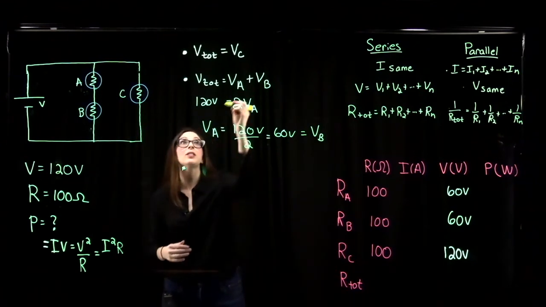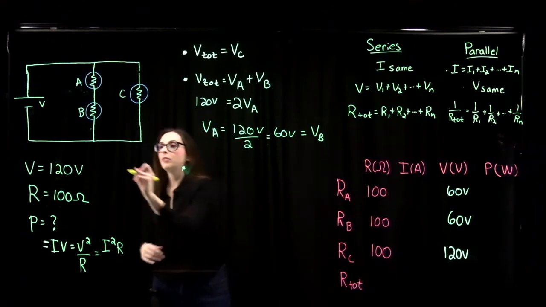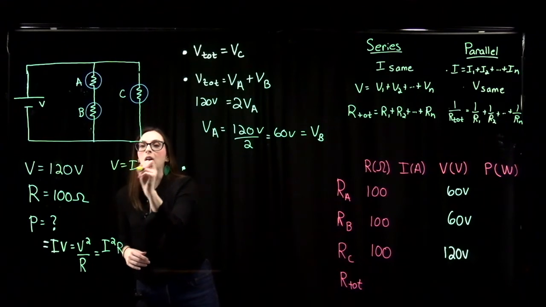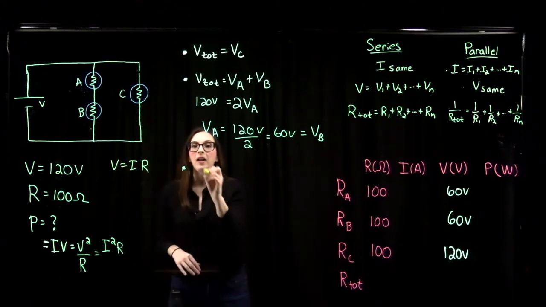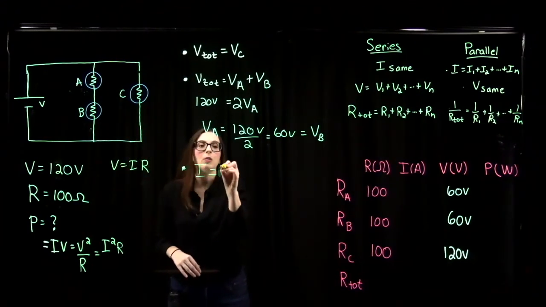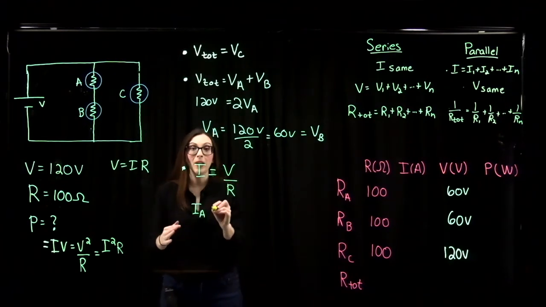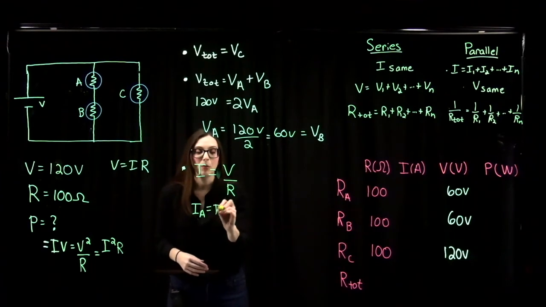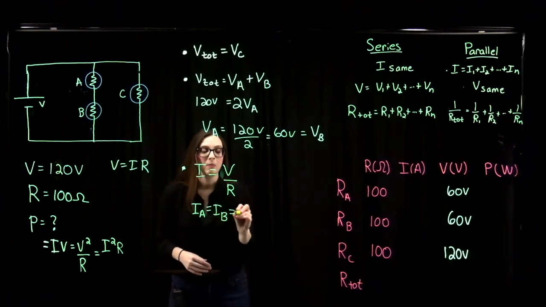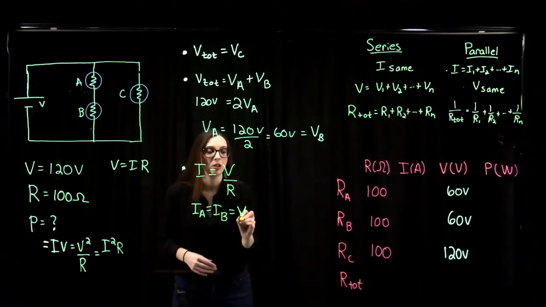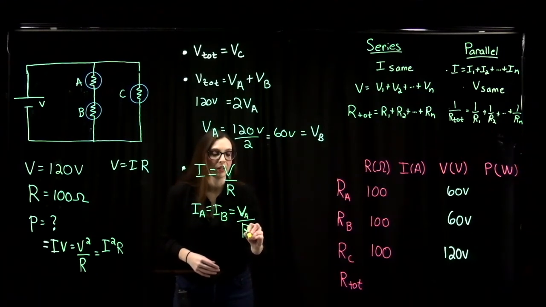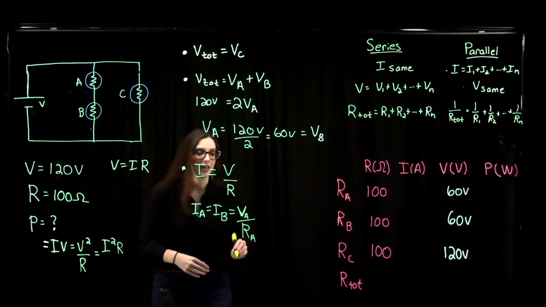And the current, well, with Ohm's law, V is equal to IR, we solve it for I, the current will equal the potential divided by the resistance. So the current through bulb A must equal the current through bulb B, must equal their potential of either A or B, divided by the resistance of either A or B, because they're the same.